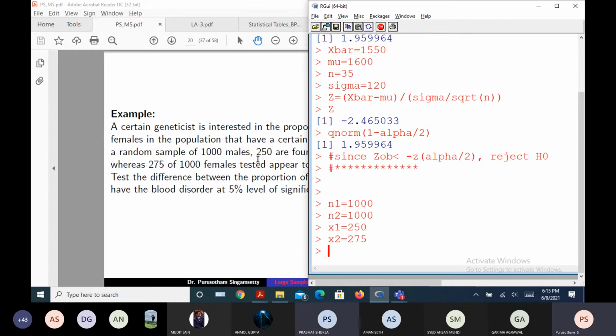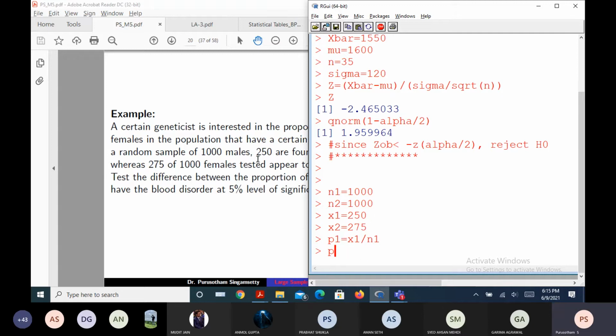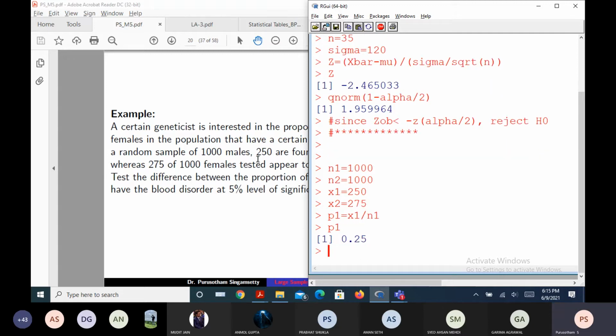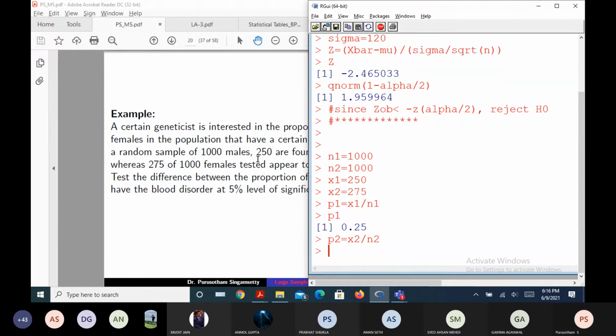Out of 1,000 infected or having a disorder, will it give us an average or a proportion? Proportion. Therefore, the proportion of males who are infected is x1 by n1. That means P1 is 0.25, 250 divided by 1,000. The proportion of females having the similar kind of blood disorder is x2 divided by n2. What is P2 now?